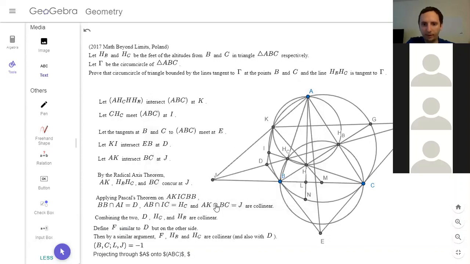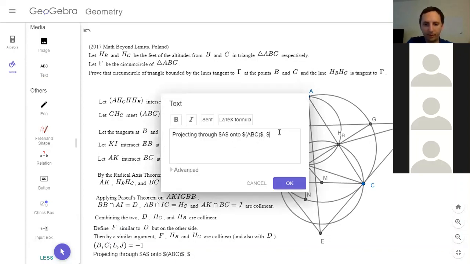And then that means that KN and E are collinear.